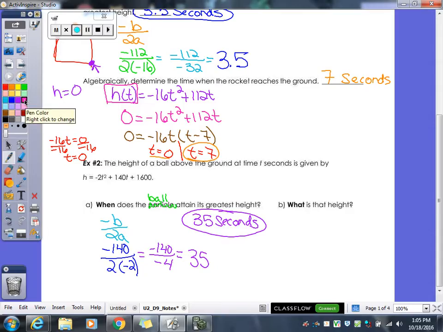Part B wants to know, what is that greatest height? So what do you think we should do to figure that out? Very good.